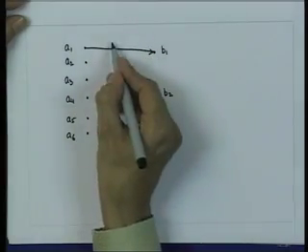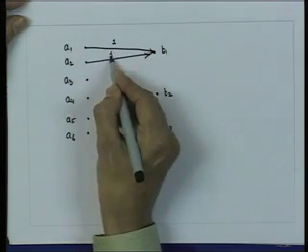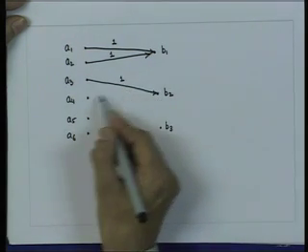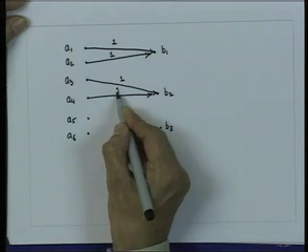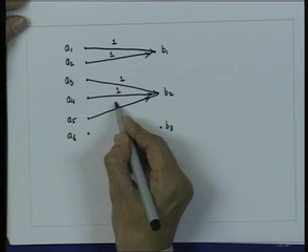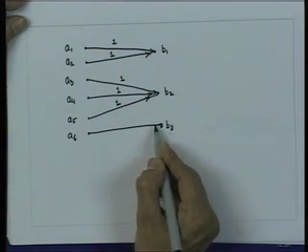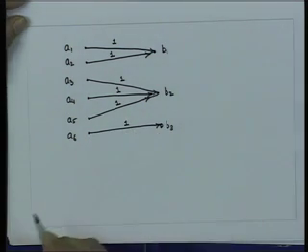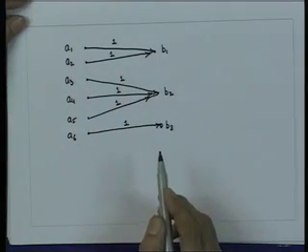Probability of B1 given A1 is 1, probability of B1 given A2 is also 1, probability of B2 given A3 is 1, probability of B2 given A4 is 1, this is also 1, and finally probability of B3 given A6 is equal to 1. So, this is a channel diagram for a deterministic channel.